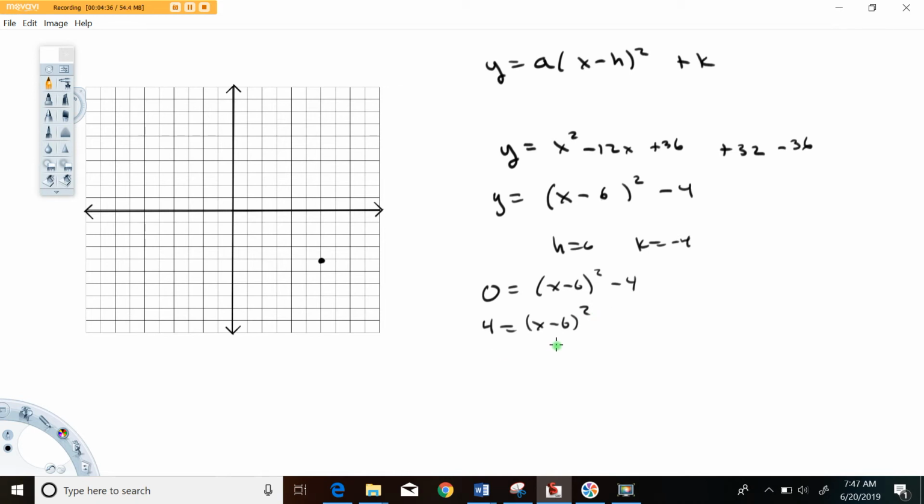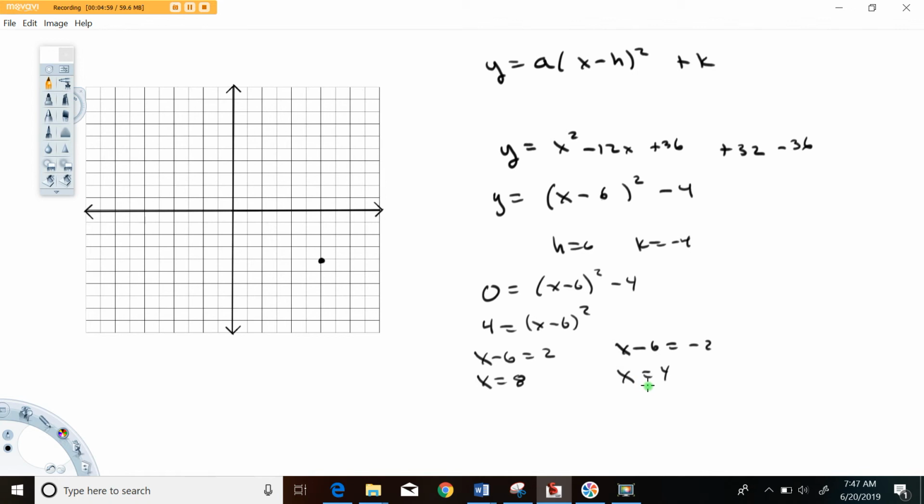Now keep in mind here that whenever you have equations like this, there's two possibilities. The x minus 6 could equal 2, because 2 squared is 4. But the x minus 6 could equal negative 2, because negative 2 squared is also 4. Solving this one for x, we get x equals 8. And here, adding 6, we get x equals 4.